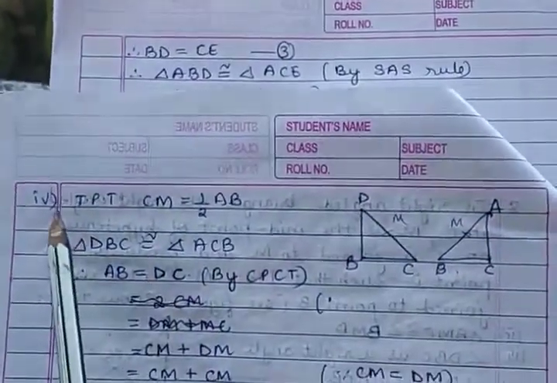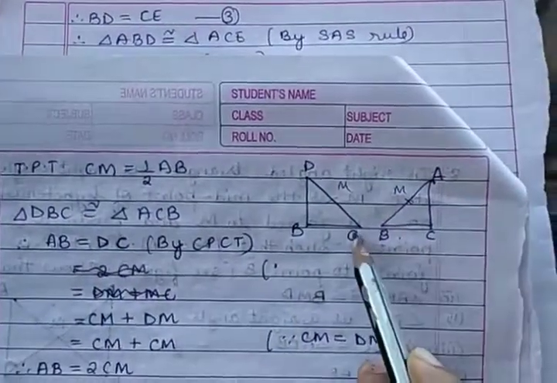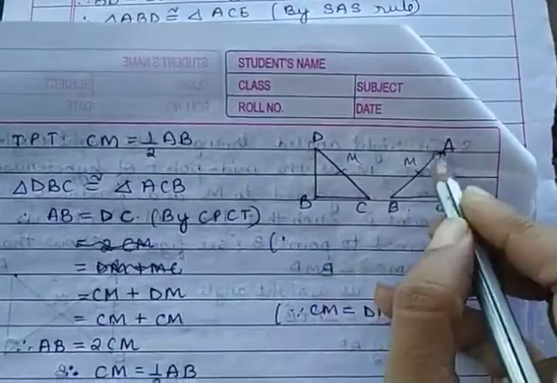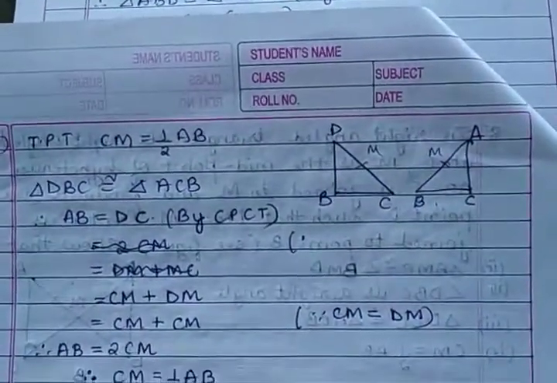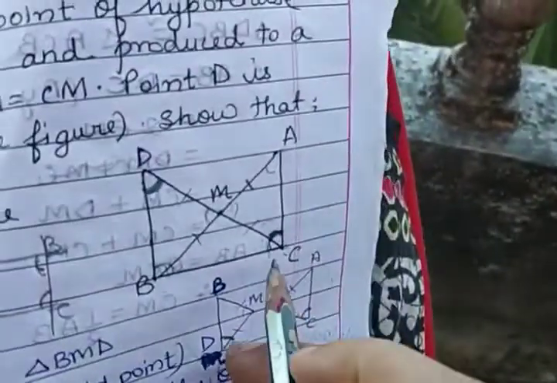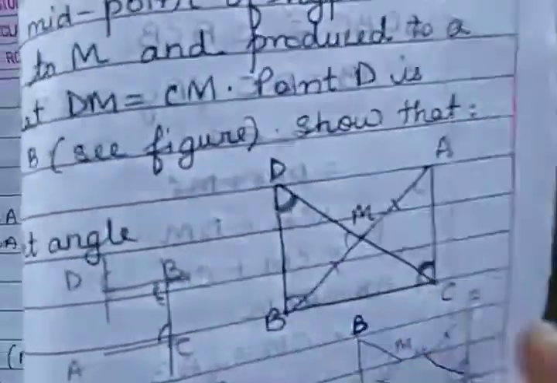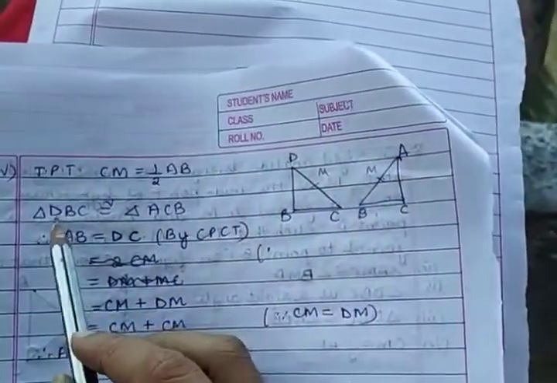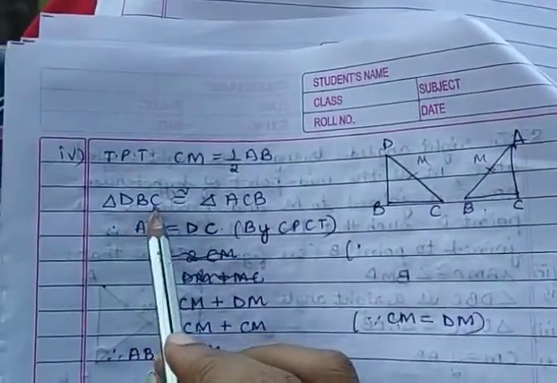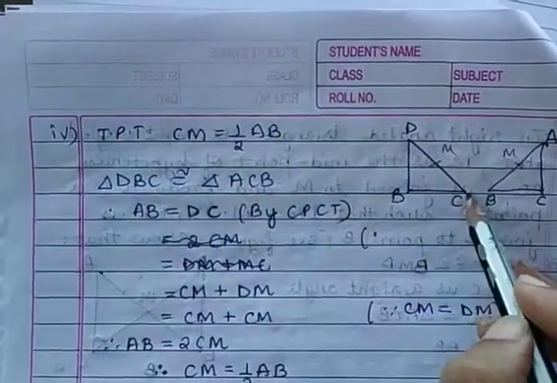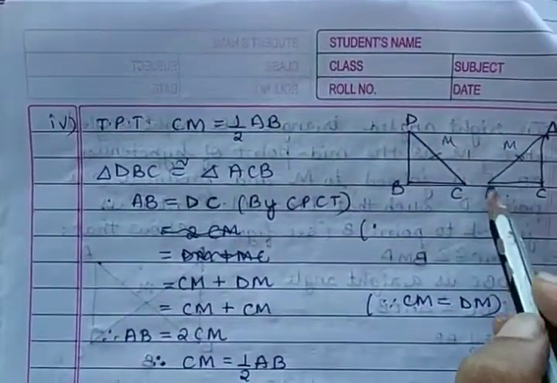Now the fourth one, we have to prove that CM, here we have M, CM is half of AB. We have to show that CM is half of AB. Now from this, we have already shown that triangle DBC is congruent to triangle ACB.